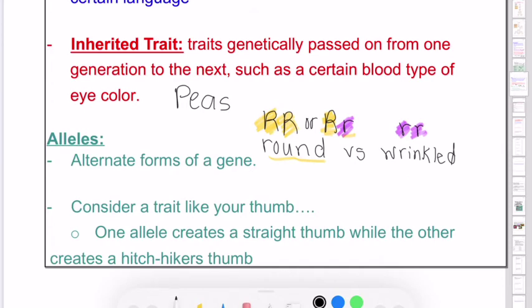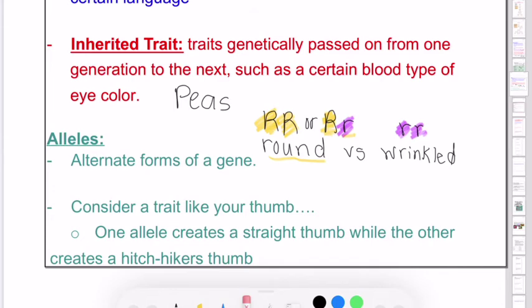So if we're talking about the same trait, whether you're round or wrinkled, so smooth or wrinkled is really what it is, sort of the texture of it, then you're going to use only one letter, so the big form and the little form. If you start changing letters, then we're going to think you're talking about a totally different trait, like color, for instance, and that's not how we do it.